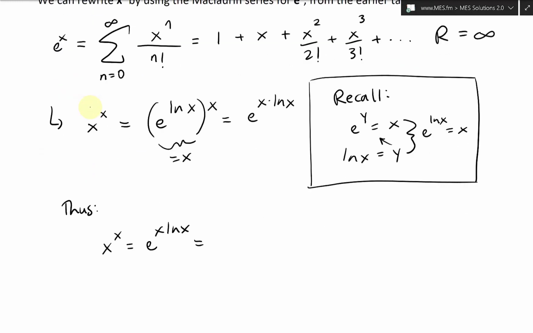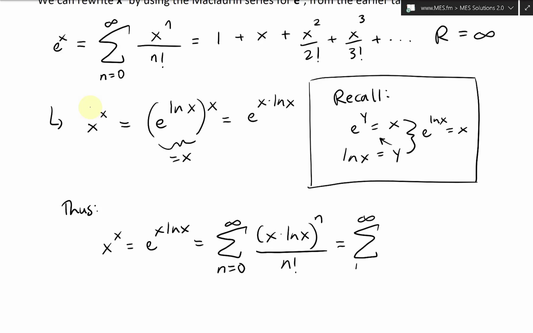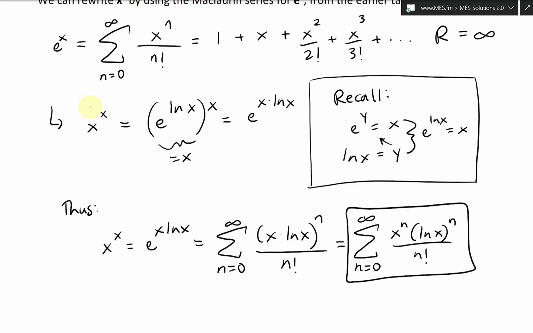This equals the summation up to infinity from n equals 0 of x ln x to the power of n over n factorial. Now if we multiply that inside, we get the summation up to infinity, n equals 0, of x to the power of n times ln x to the power of n over n factorial. So that is what we have.